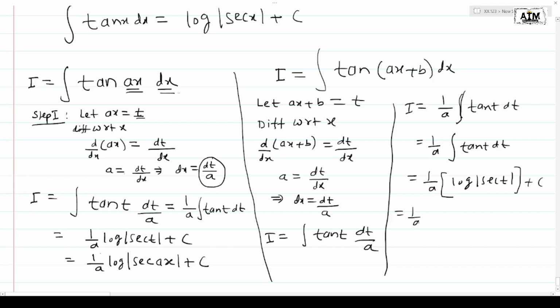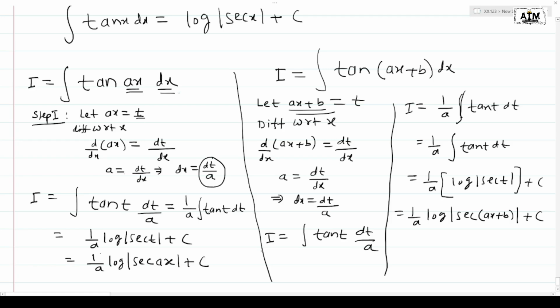This is 1 upon a log modulus sec, what was the t? t is nothing but ax plus b, so writing down here ax plus b, modulus is closed, plus c. This way the integration of tan of ax plus b with respect to x equals 1 upon a log of sec of ax plus b written in the modulus. So this way we can do integration of tan x with respect to x.